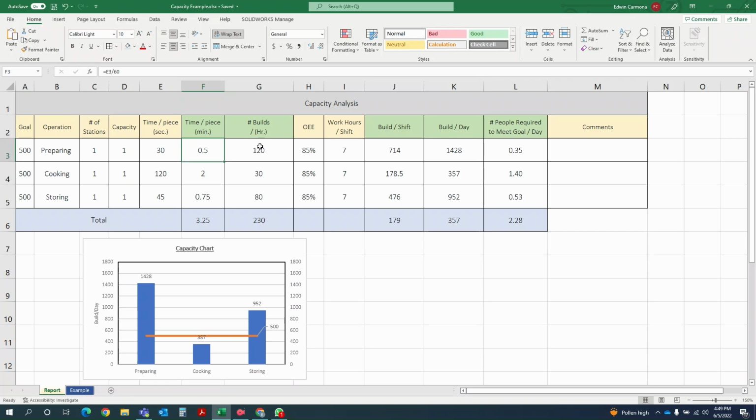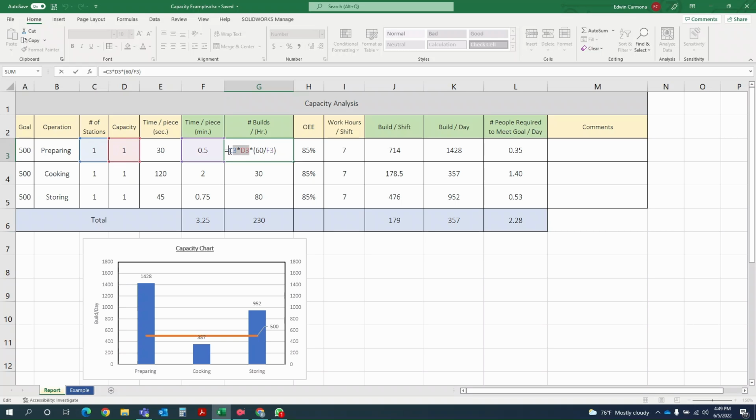Now the number of builds per hour. There are 60 minutes in 1 hour, so whatever this value is, divided by 60. But you also have to consider the number of stations and the capacity that each station provides.